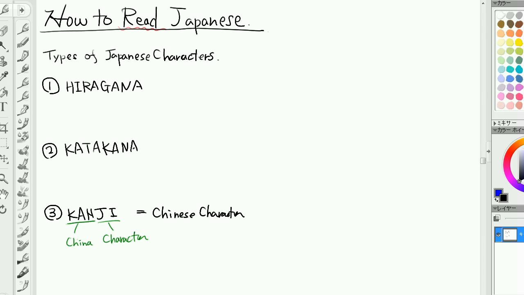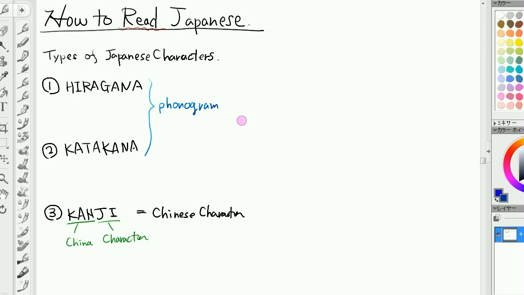Okay, and actually there is a big difference between the first two and number three, kanji, because these two, hiragana and katakana, are called phonograms. Phonogram means it only conveys a specific sound, only the sound, just like the alphabet does.